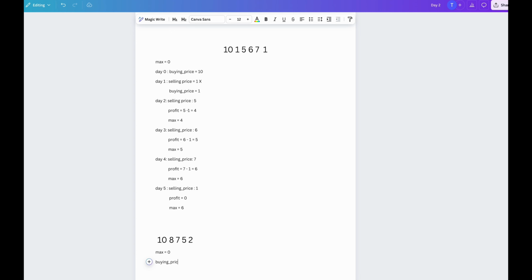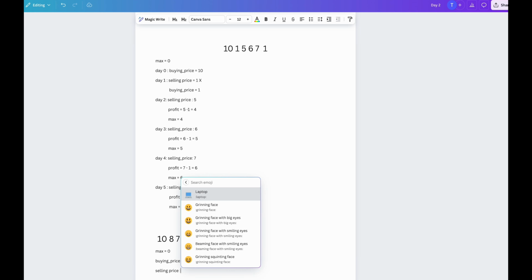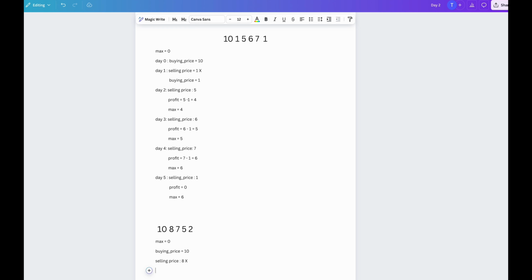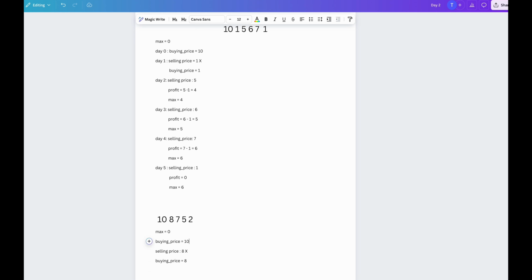So on day 0 my buying price is 10, and on day 1 I still can't sell it at 8 because I bought it at 10. So this is not going to be my selling price. Which means I will end up updating the buying price, which will become 8 on day 1.